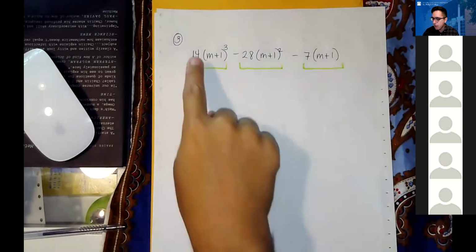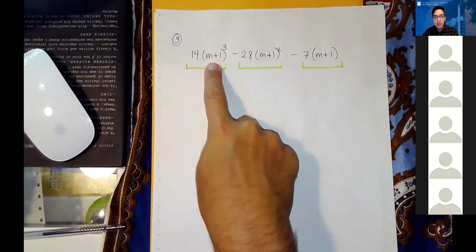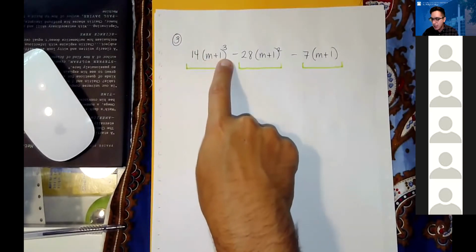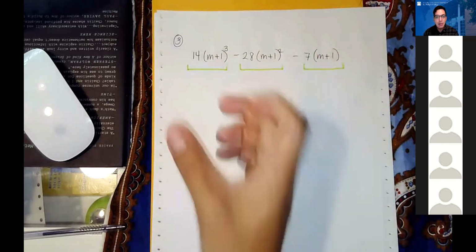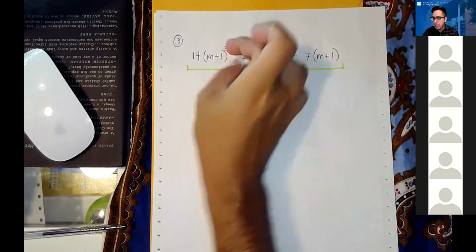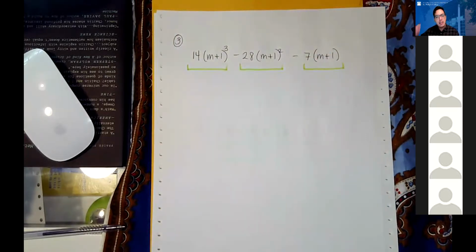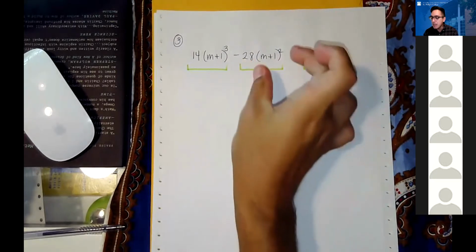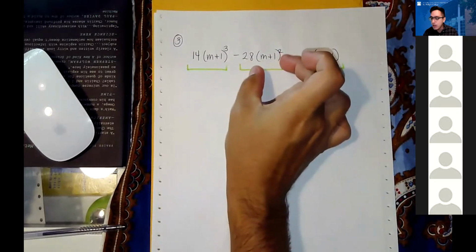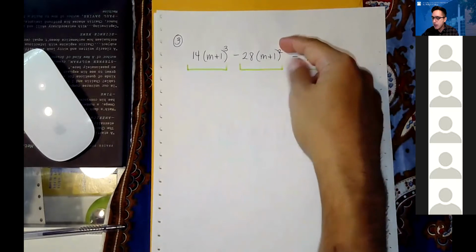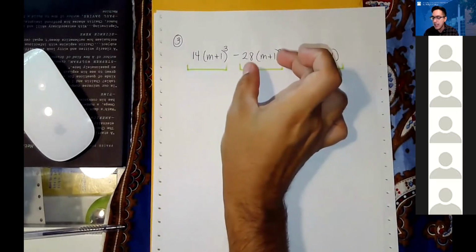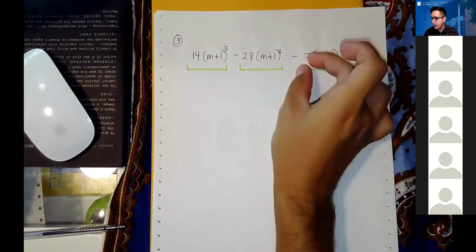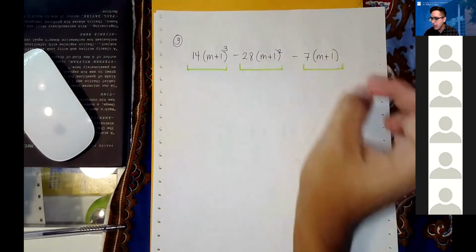So this is like 14 times this polynomial, m plus 1. And really there are 3 factors of that, since it's being multiplied by itself 3 times based on that exponent. This is negative 28 times m plus 1, the binomial, raised to the second power. So there's a factor of 28 here, there's a factor of m plus 1, and that has 2 copies. Then we have a factor of 7 times a factor of m plus 1.